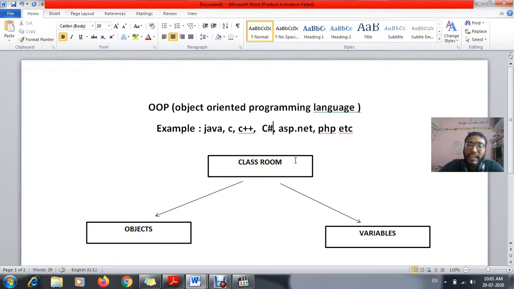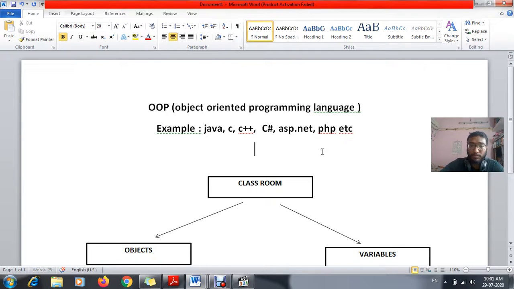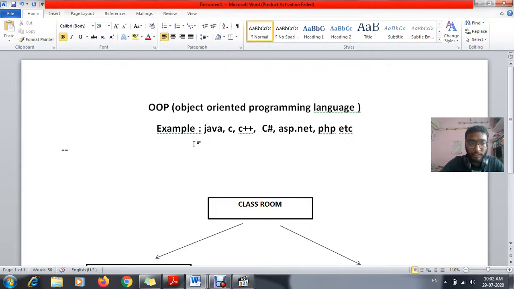Now, always remember, while declaring a class, the keyword should be the class keyword. Write it down, students. You have to write because this is an important topic.